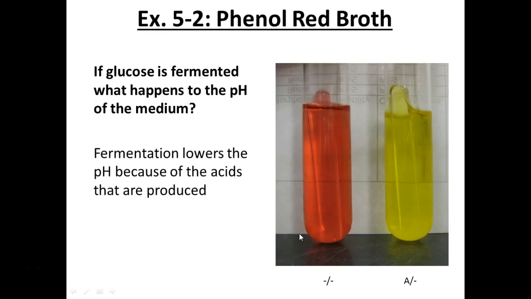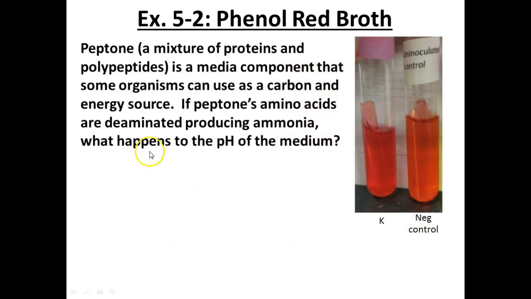Still with me? Okay. So peptone, right, a mixture of proteins and polypeptides, is a media component that some organisms can use as a carbon and energy source, right? So if they don't utilize the glucose, they're going to use the protein instead. When they do that, they're going to produce ammonia.